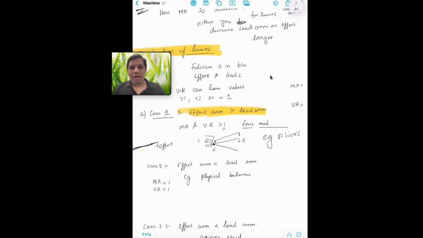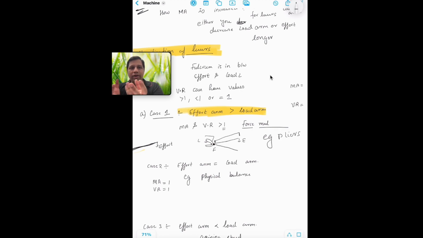Let's take another case where both these arms are equal. Your effort and load arms are equal. In that case, you are using it as a physical balance. You would have seen shopkeepers using a taraju. You know that already, right?